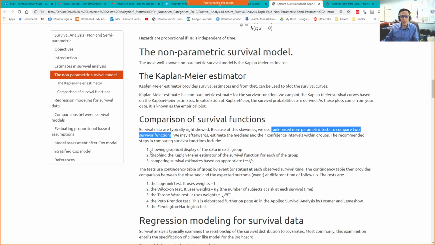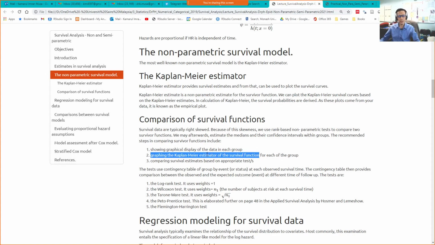We can show a graphical display of the survival estimate for each group, one for male, one for female, for example, by showing the Kaplan-Meier estimator of the survival function, and then compare the survival estimates based on some test. Okay, based on some test.